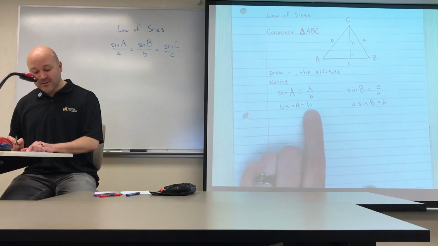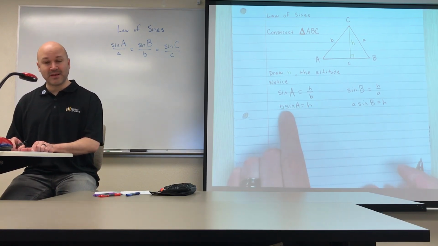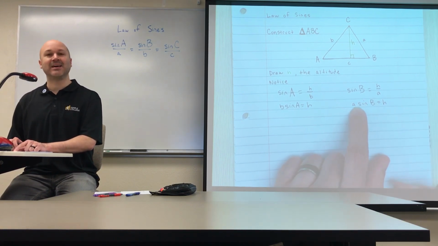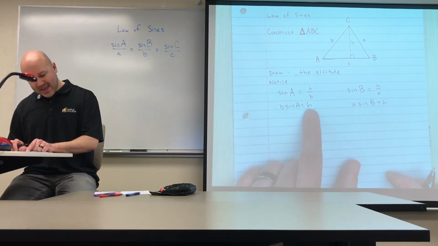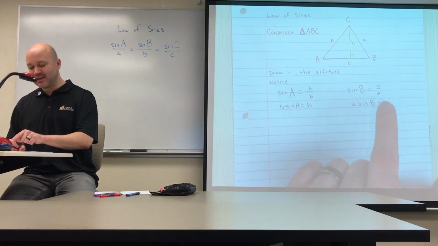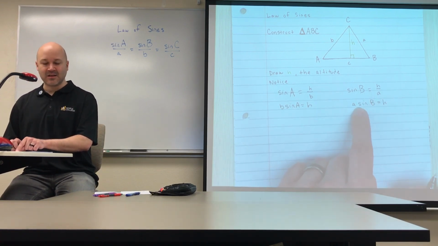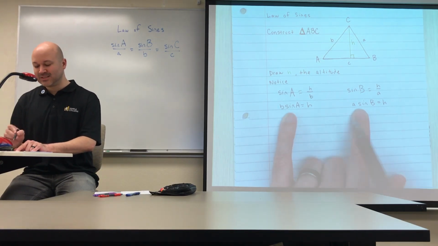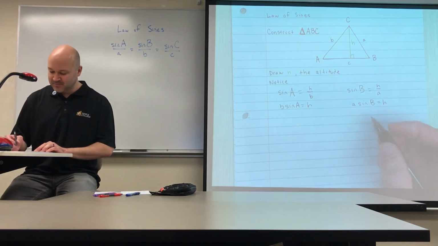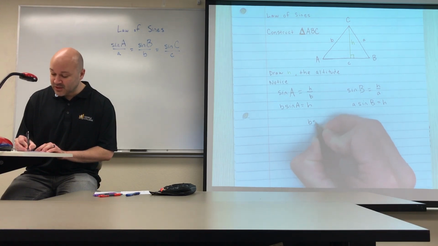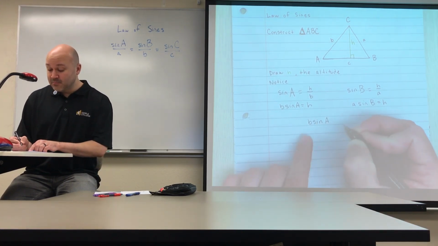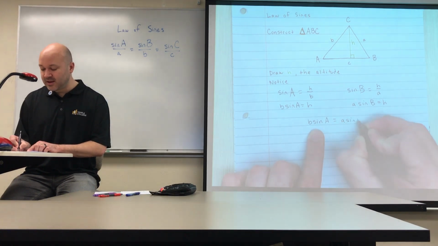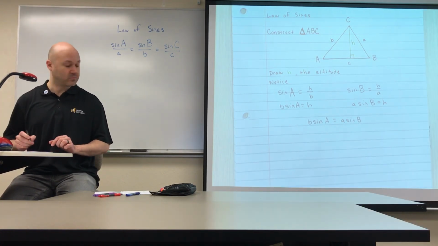Now I have that the altitude, or h, is equal to b sine A, and that same value is also equal to a sine B. So if h is equal to this, and h is equal to that, then by the transitive property, this is equal to that. So I'm going to set these two equal to each other. b sine of A is equal to a sine of B.